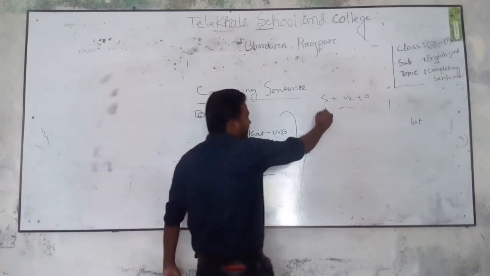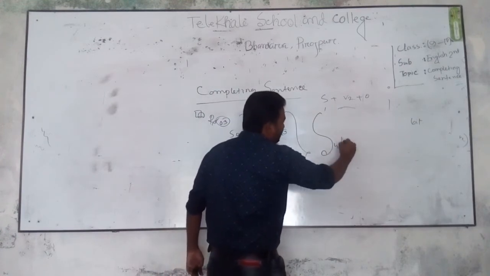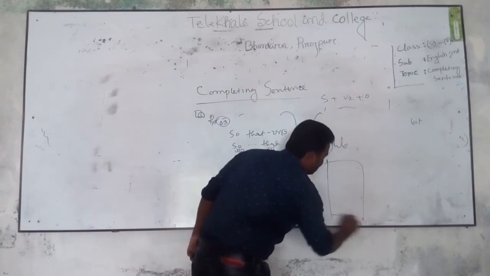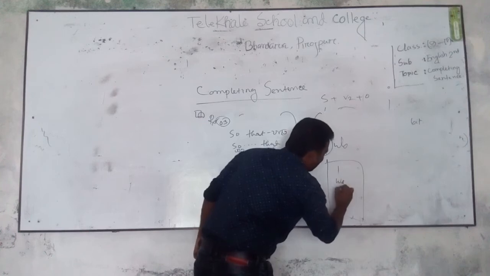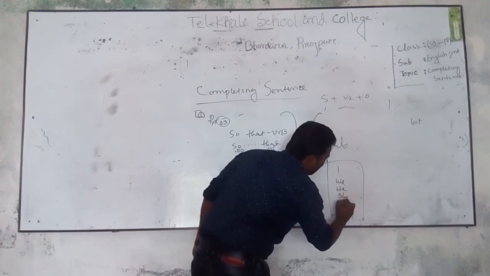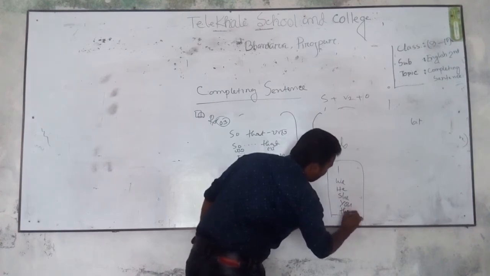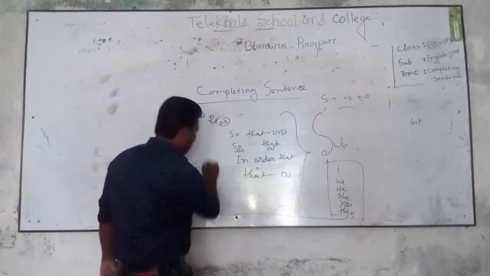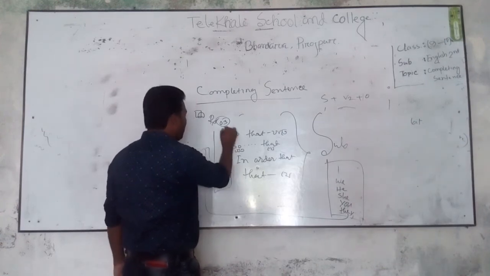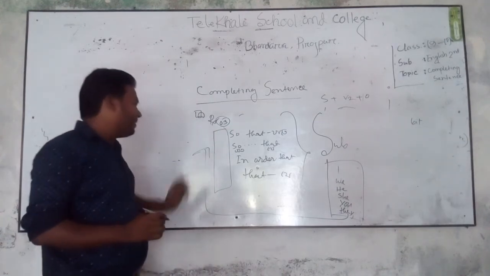And whenever you see that, you can use any subject such as I, we, he, she, it, you, or they. The subject will be there.